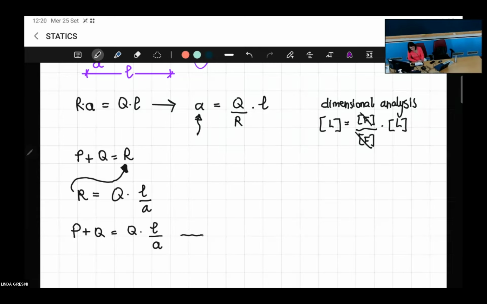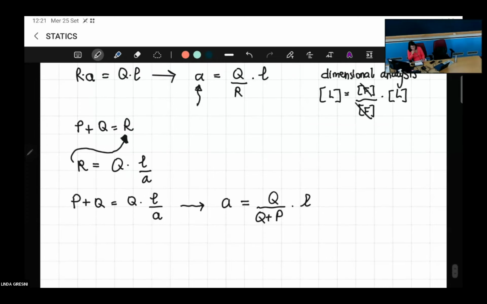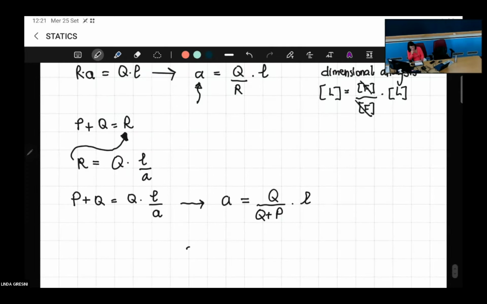So from this one, it's simple now to find A, because A is equal to Q divided by Q plus P times L. Okay? So once you have A, you can also calculate the magnitude of the R vector.